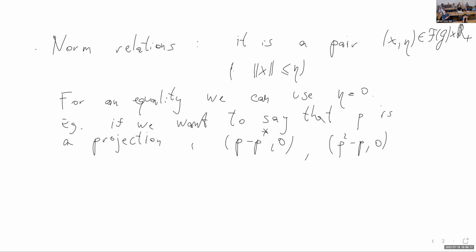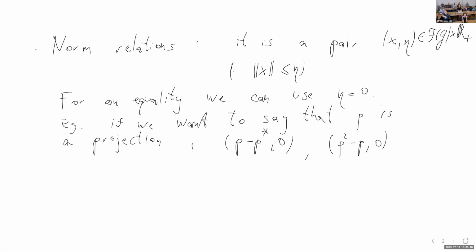So this is a relation that we can allow in this setting, because we can just use the pair (x, 1) to say that the norm is less than or equal to 1. And with this relation, we can prove that we can find the continuous functions on the closed disk as a universal C*-algebra.